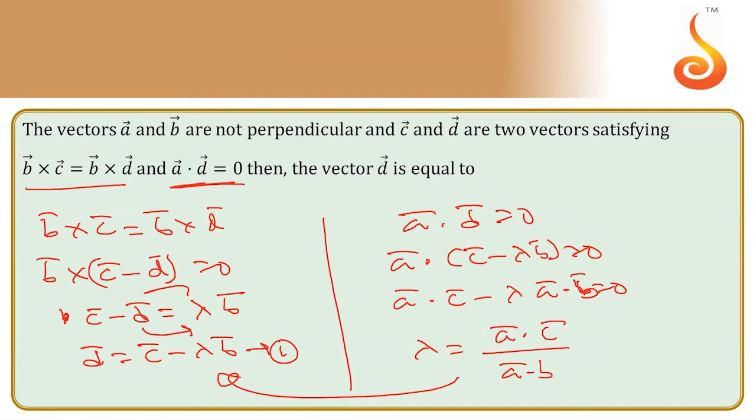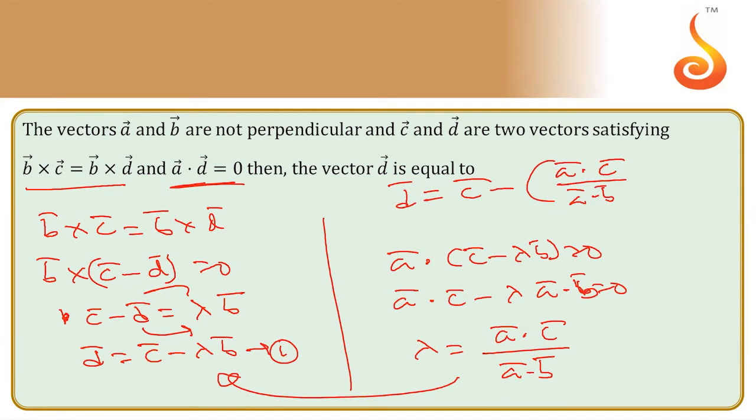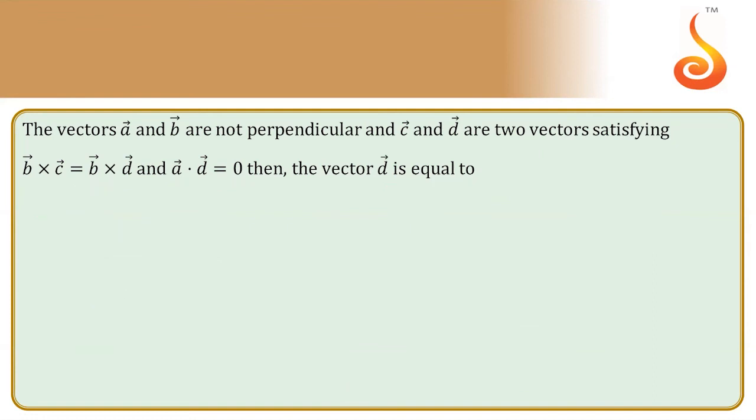So C bar minus A dot C by A dot B into B bar, that is the answer here. So finally, D bar is C bar minus (A dot C by A dot B) into B bar. Yes, this is a very good question. Okay, fine.